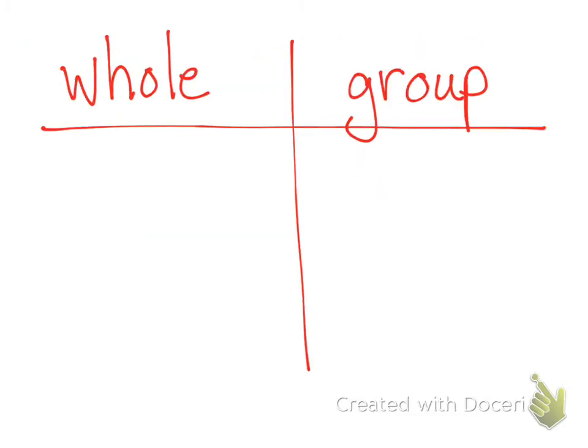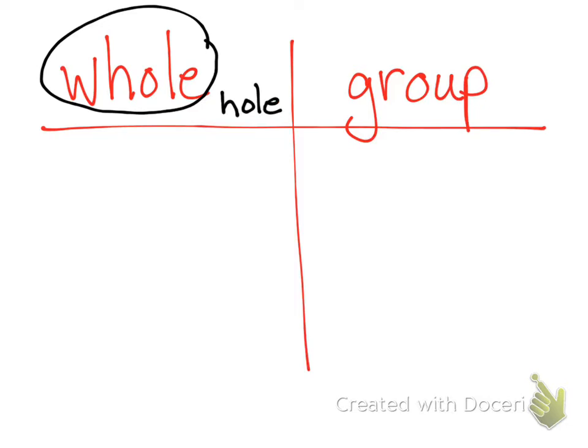All right, last time we talked about fractions, and it was really important. This word here, whole, that's not a hole in the ground. Hole in the ground we spell like this. This means the whole thing, all of it.